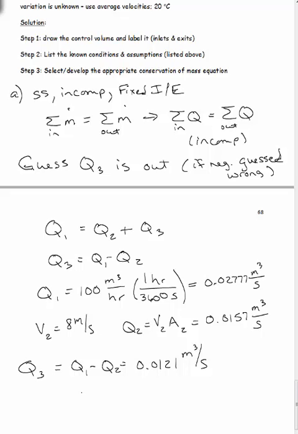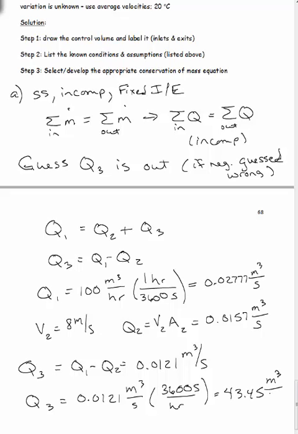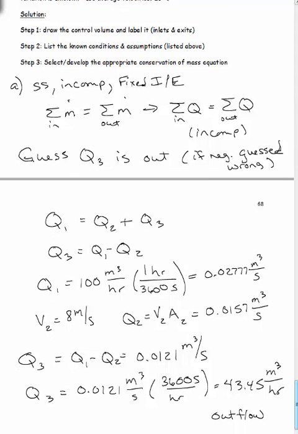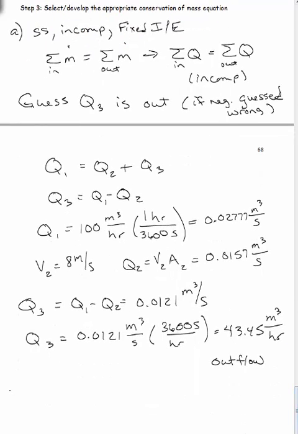Okay, and if I want to get that back in hours, 0.0121 meters cubed per second times 3,600 seconds per hour equals 43.45 meters cubed per hour. And it came out positive, so I guessed right. It is an outflow. Okay, part B says find V3.